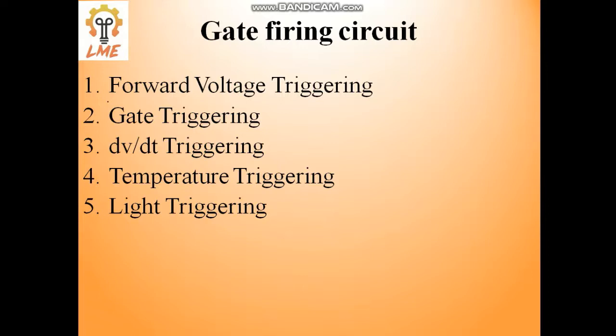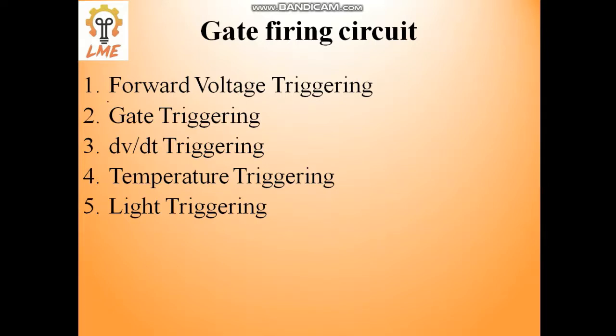All of these five processes to trigger an SCR were discussed in the previous lecture. At that time I also said that out of these five, the gate triggering method is the finest and most efficient method to trigger an SCR.